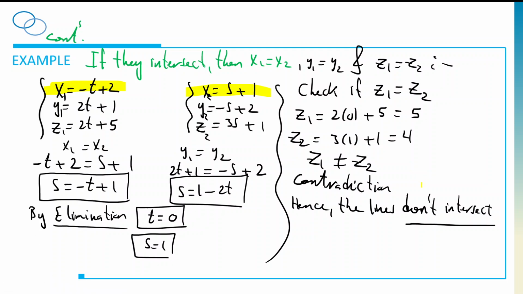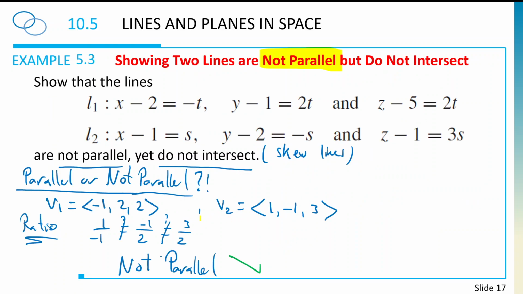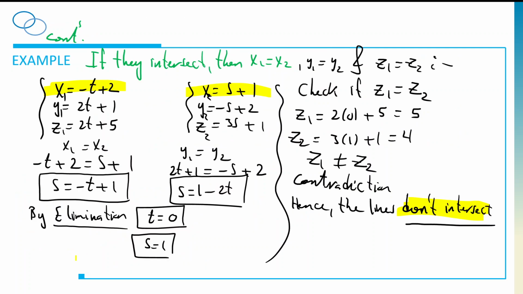They don't intersect, and if we go to the previous slide, they are not parallel to each other. If they don't intersect and they are not parallel, then the two lines are skew lines.